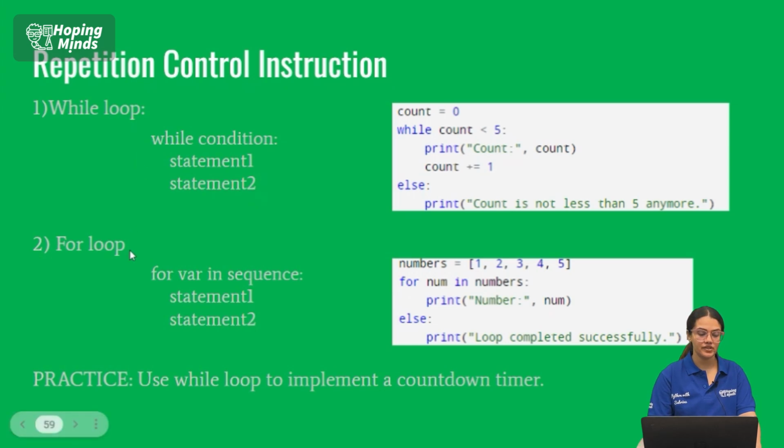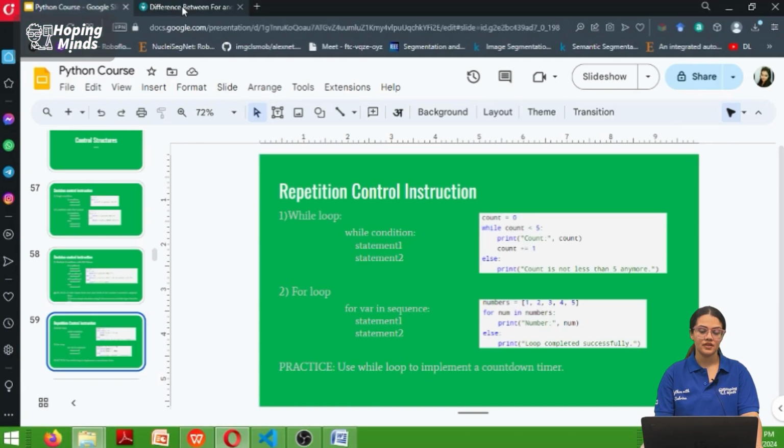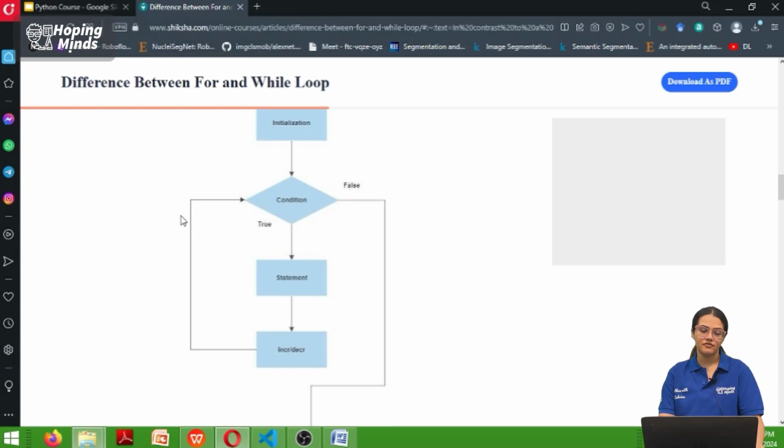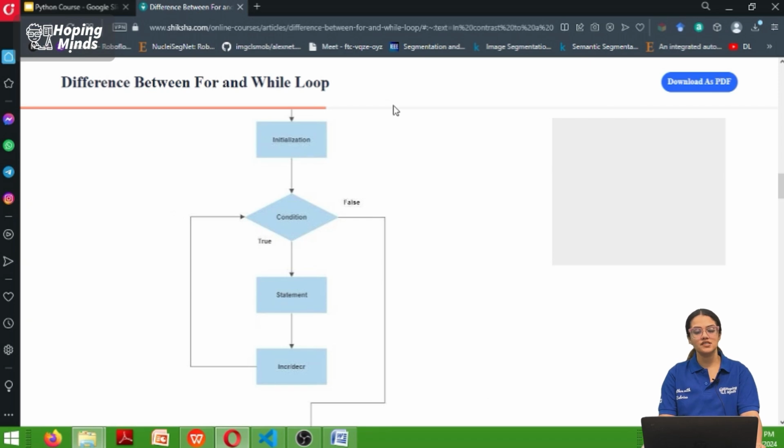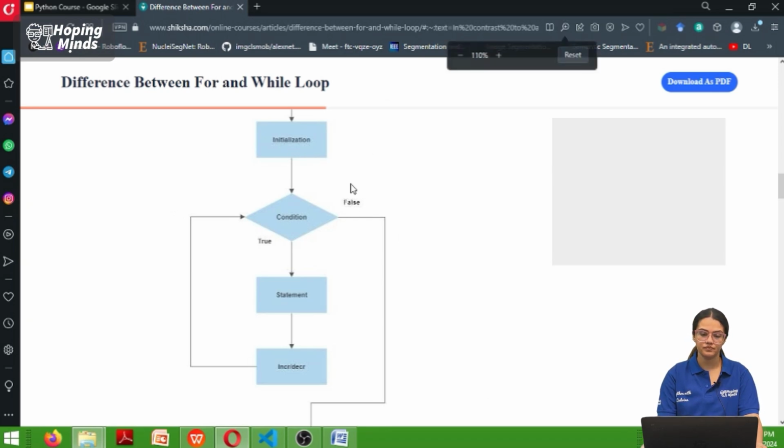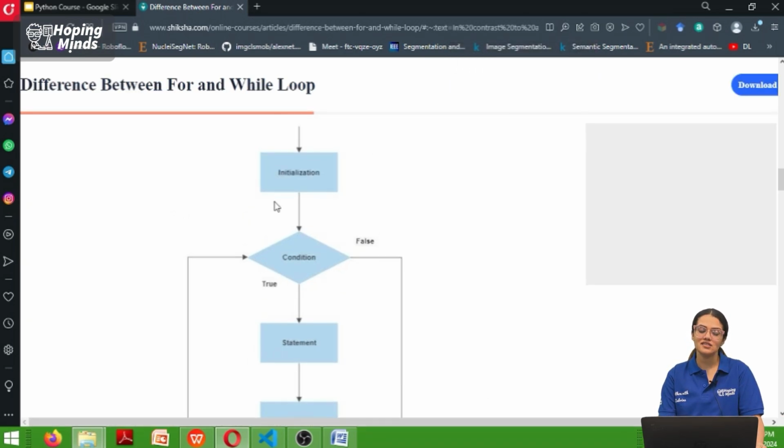What is the difference between these two? Let us see. Before we see the difference, you should know how loops work. So please look at this flow chart. You initialize your variables, and then you look out for some condition. Are those variables fulfilling a certain condition?